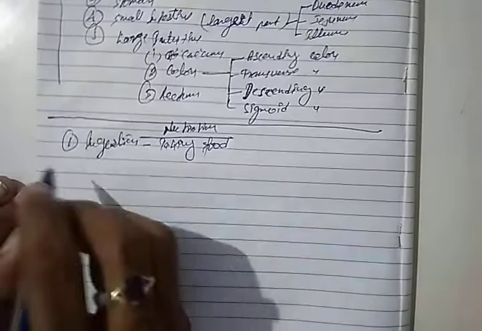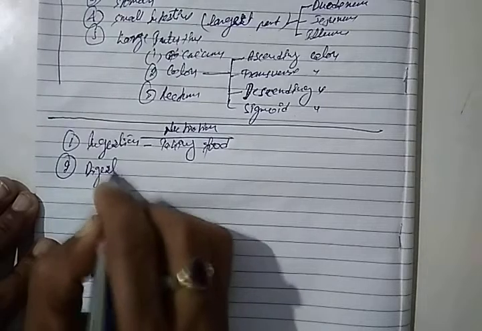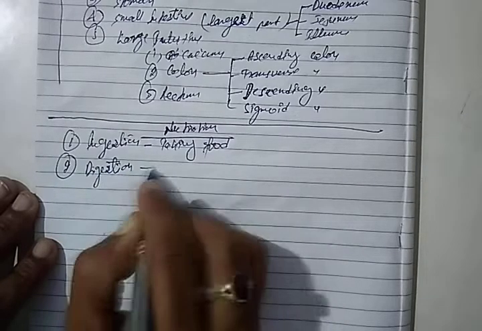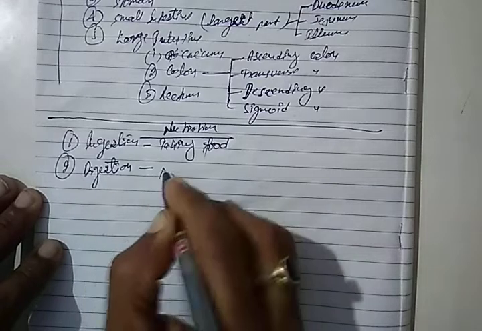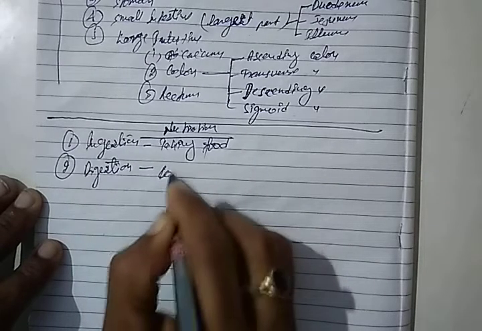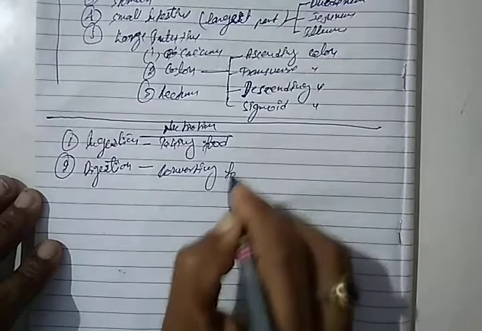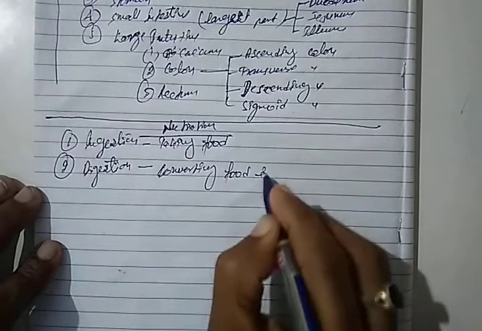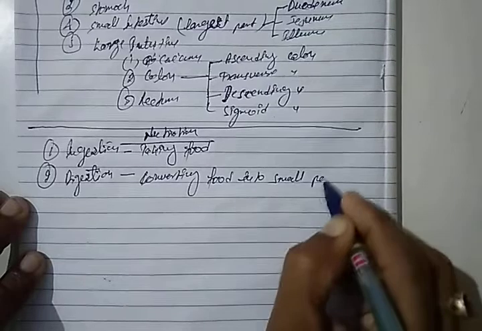Number 2, digestion, means converting food into small particles.